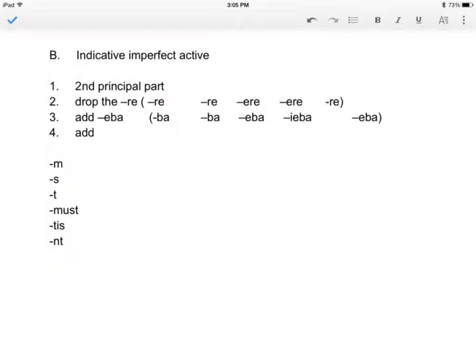The indicative imperfect active is similarly simple if you've understood the other ones. Take the second principal part, so you'd take audire, drop the RE, and again the pattern is first conjugation, second conjugation, third, third I, and fourth, RE, ERE, RE.